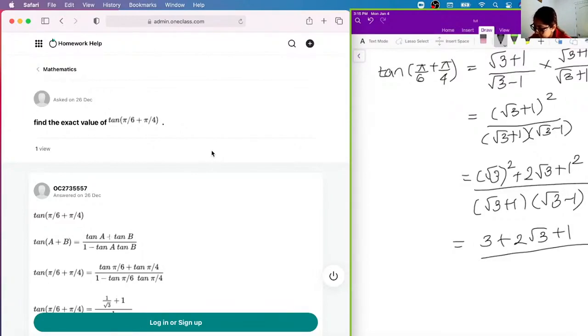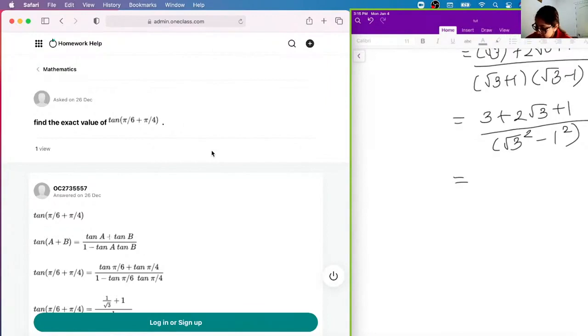If you look at the denominator, this resembles a squared minus b squared. We have 3 plus 2 root 3 plus 1 on top, and we can simplify the bottom.